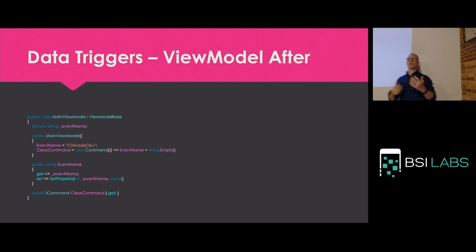So say we had 15 things on screen that we all wanted to hide or change some kind of property on when we change event name to match, I don't know, TO mobile dev. Then in the setter of event name, you'd have to call each one of those 15 properties to make sure that they're updated with the appropriate value.